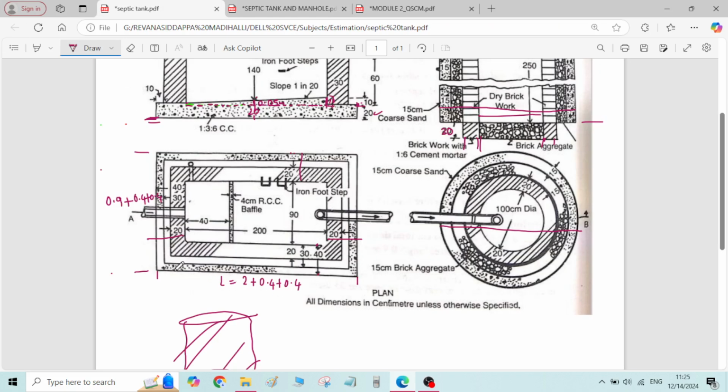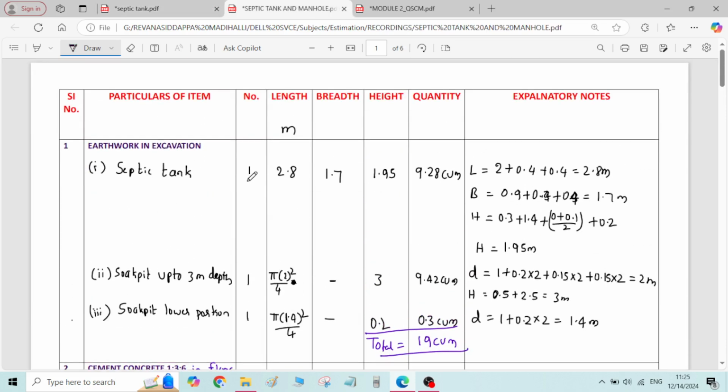Coming to the total length of the cement concrete bed, this length, and the total width of the cement concrete bed, this width, we have already calculated in earthwork in excavation.